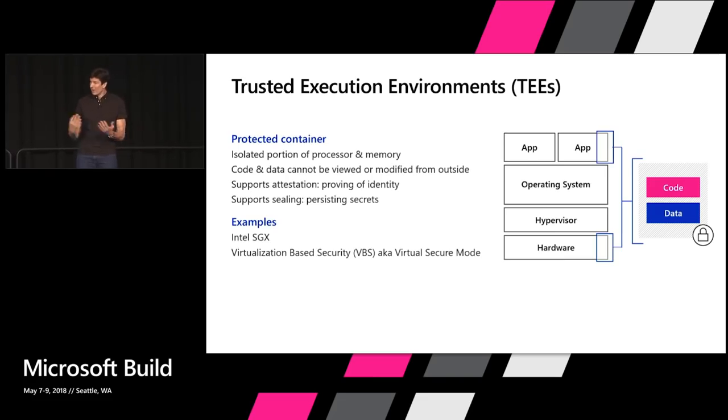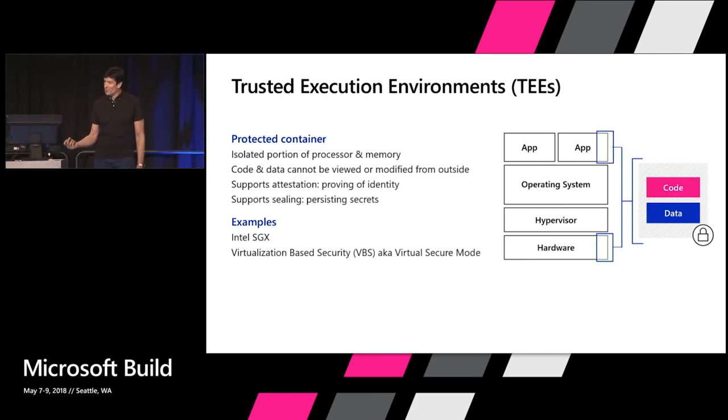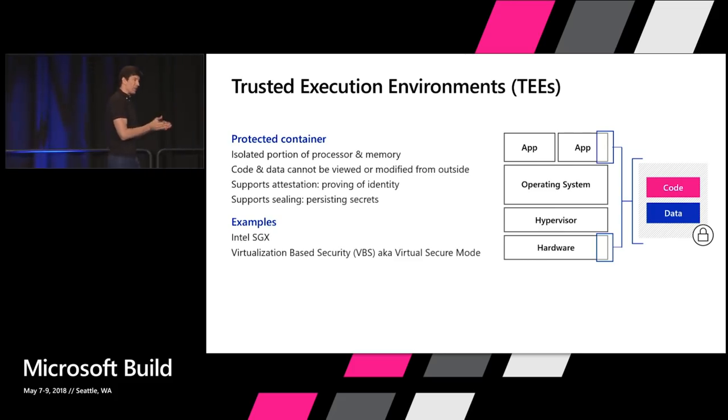A couple that are in production now are virtual secure mode, virtualization-based security that's part of Server 2016, and software guard extensions from Intel, which is processor-enforced encryption in use, meaning that no unencrypted data from inside one of these enclaves, a TEE enclave, ever leaves the processor complex. And it's protected from access from outside because of the rules in place.